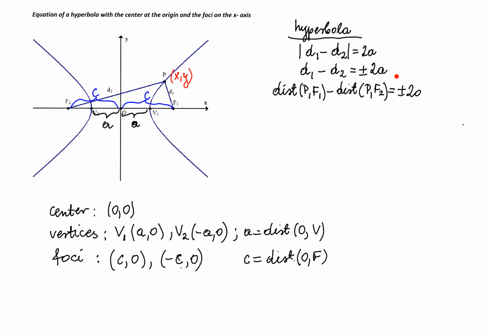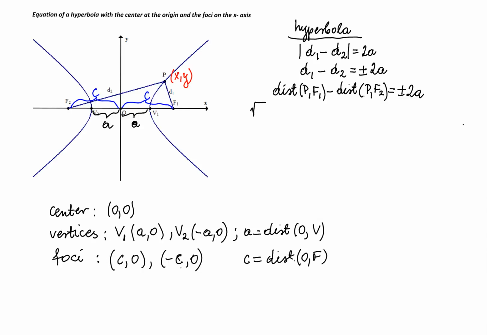If we eliminate the absolute value, that equation means that d1 minus d2 is plus or minus 2a. And translating to the distances, we can write that this is the distance between P and F sub 1 minus the distance between P and F sub 2, and this difference is to be 2a.